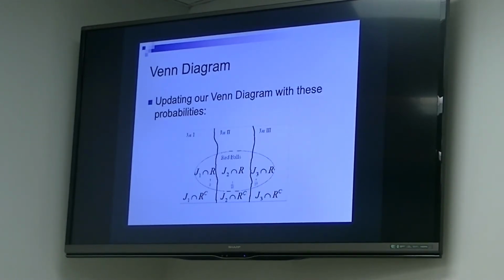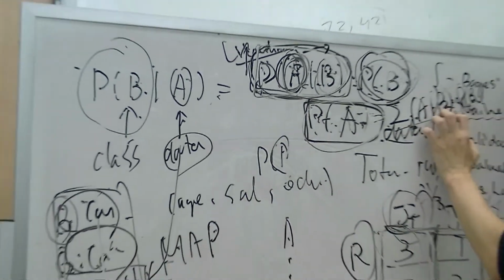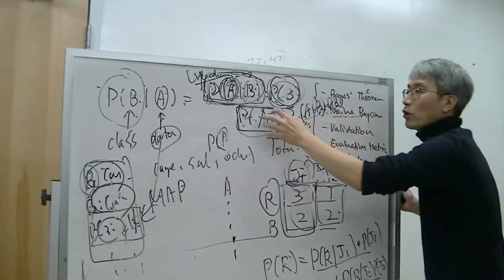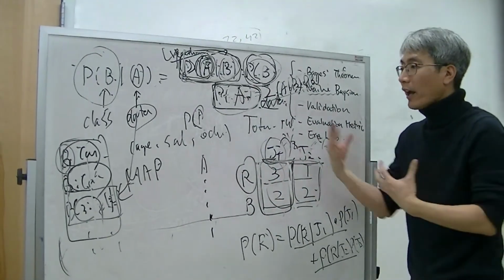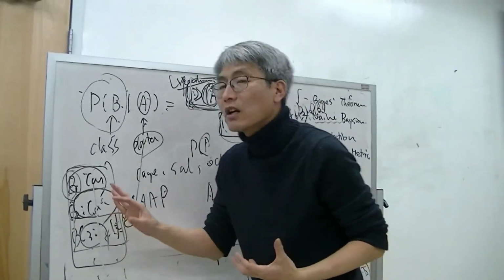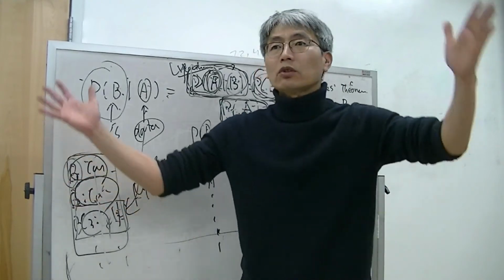If you do not understand, just remember this. Okay? P of A is not just A, it is A based on what? The conditional probability, given B is true, and B is not true, because A can be buying a computer or not buying a computer. A is sometimes buying a computer, buying a car, buying a cell phone. You need to consider them all together.